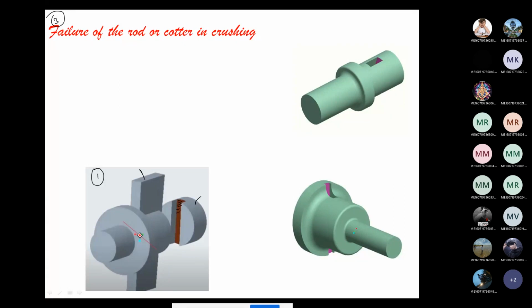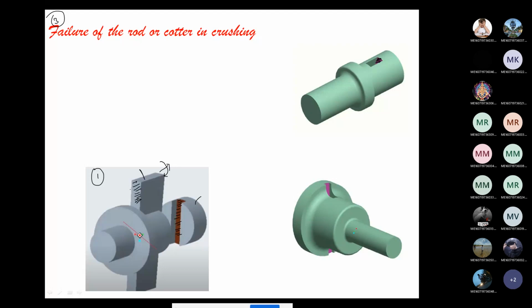In this manner, it is subjected to crushing. This same crushing we can find on the side surface of the cotter. I am drawing this side because it is invisible. In the same manner, the same image is going to appear on this side, right? So you can find another color portion here.